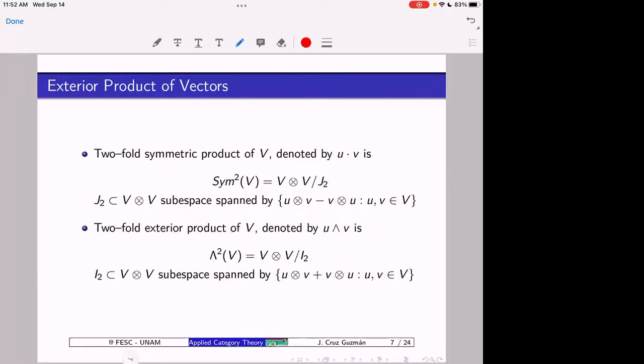And here it is important in the definition of this kind of product, because this requires this subspace of antisymmetric elements that are used for generating this subspace.